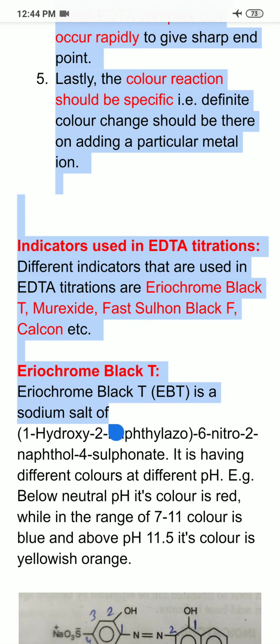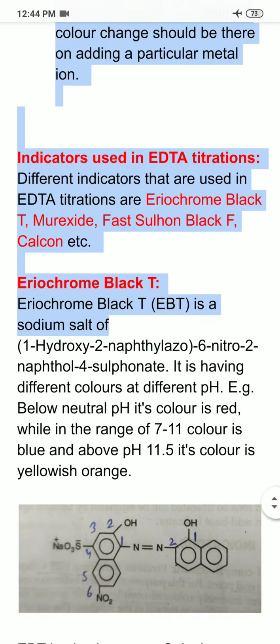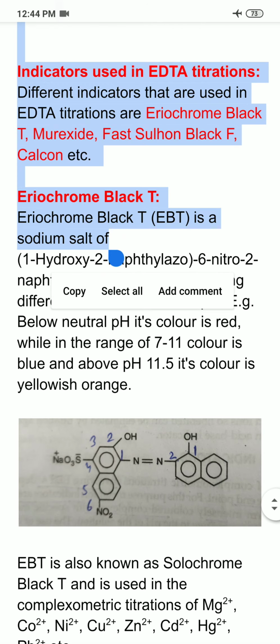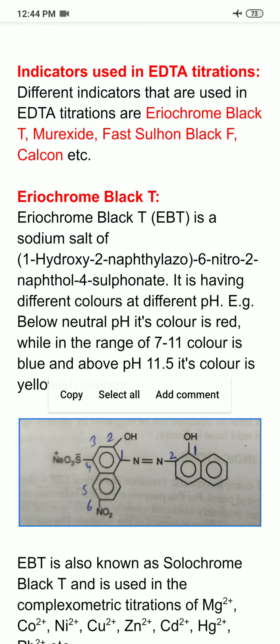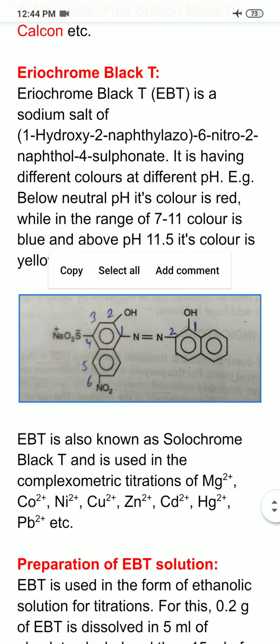So Eriochrome Black T, what is Eriochrome Black T? Eriochrome Black T is the sodium salt of 1-hydroxy-2-naphthylazo-6-nitro-2-naphthol-4-sulfonate. This is the structure given in the picture. You can see it has two naphthalene rings.